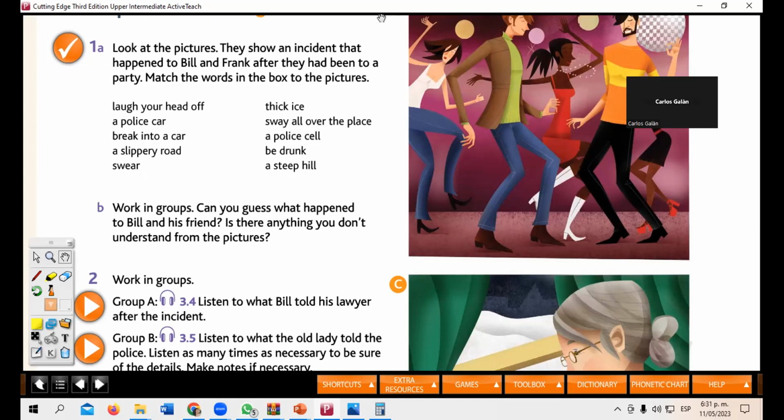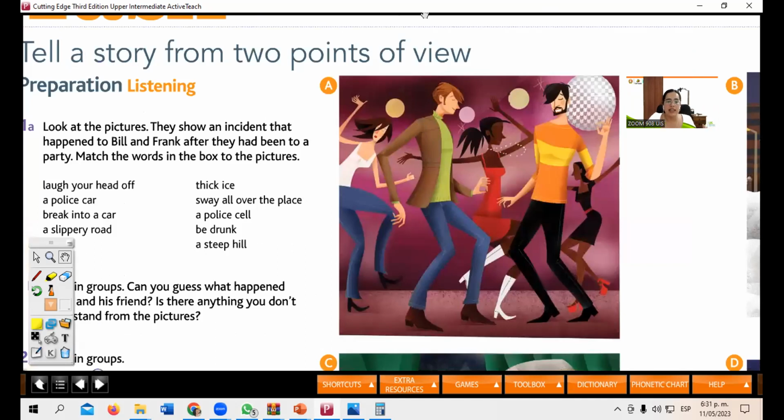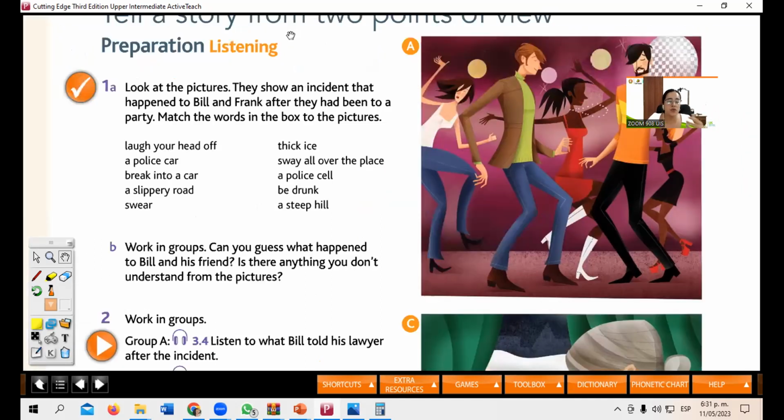So imagine, someone that robs, steals, a thief, you understand? A robbery, breaks into a car to maybe get some things from the car. This is to break into a car. Irrumpir, algo así. Como entrar, ¿cómo lo diríamos en español? Robar algo que está dentro de un carro, como abrirlo a la fuerza, ¿ok? Entonces, esa sería la traducción, break into a car.